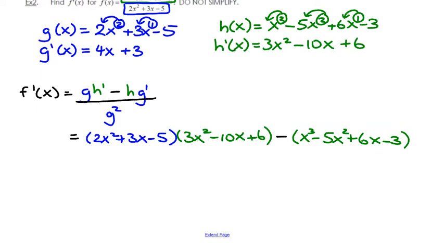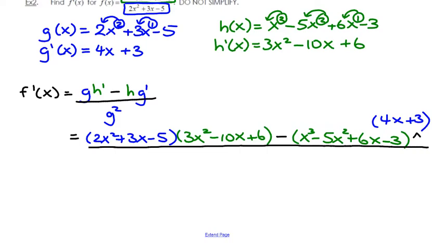Okay, and I'm just going to put a little bit right in there. Your g prime is 4x plus 3. And that is all over your g, which is 2x squared plus 3x minus 5 squared.